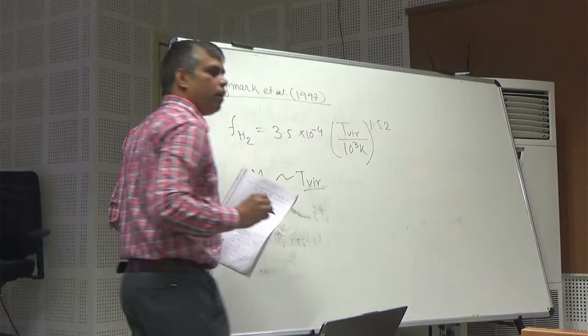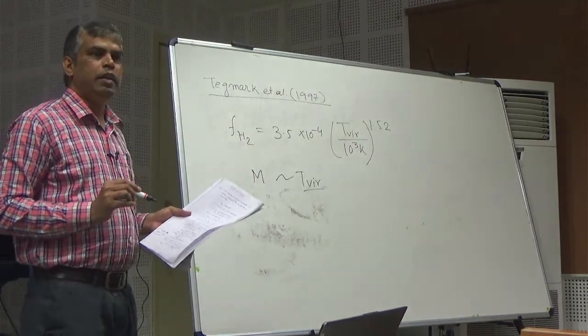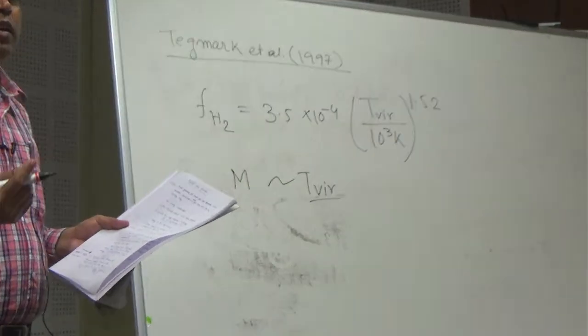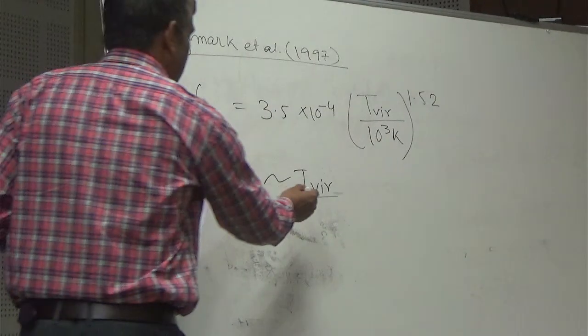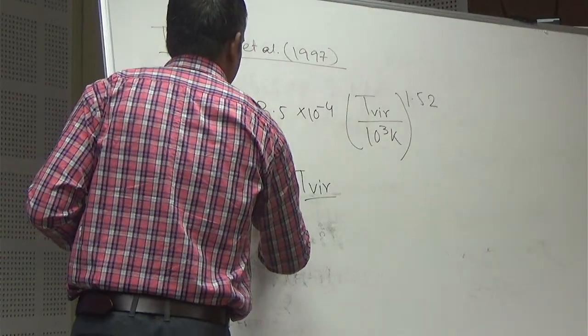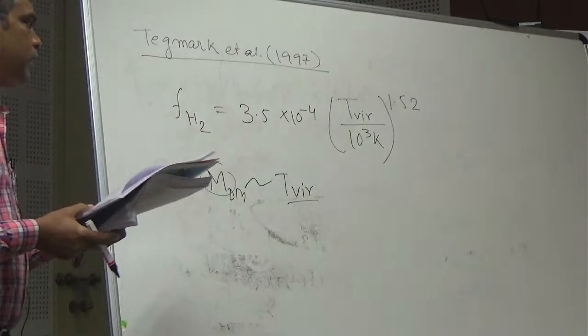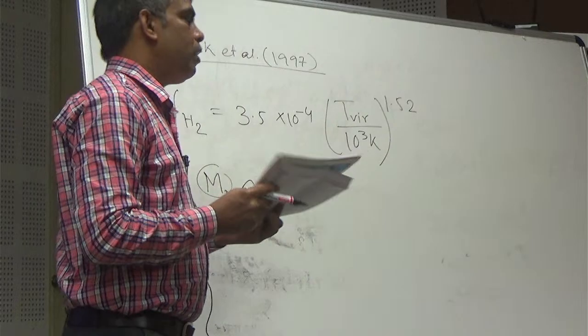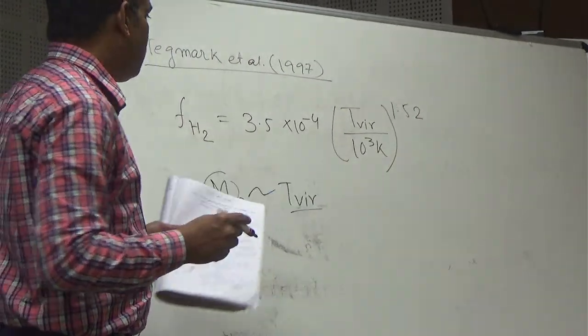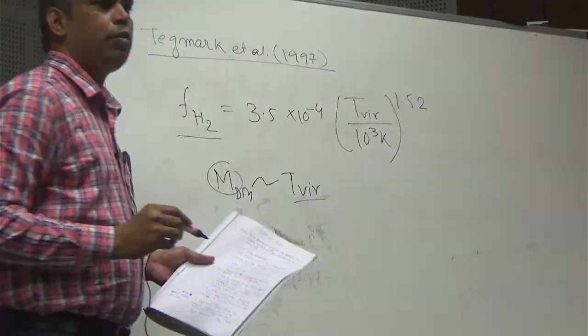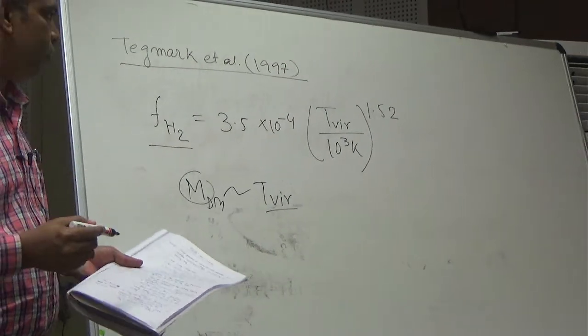So if you know the virial temperature of a dark matter halo, you can directly use that to estimate the mass of the dark matter halo. Basically, this equation gives you the fraction of molecular hydrogen residing in a dark matter halo, given the dark matter mass.